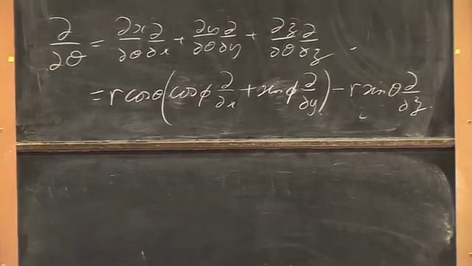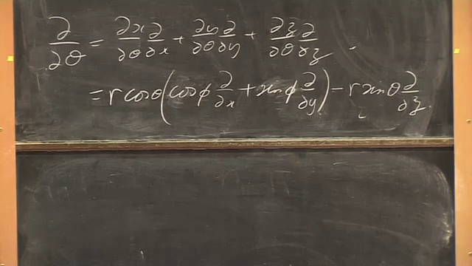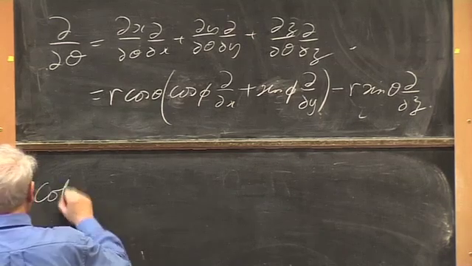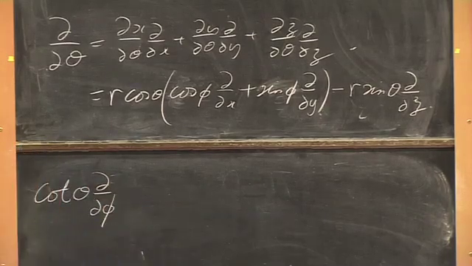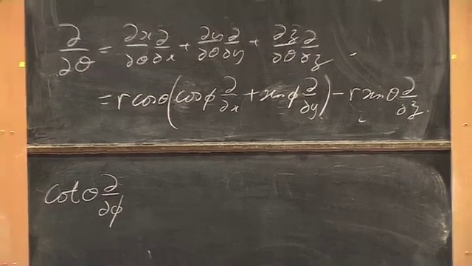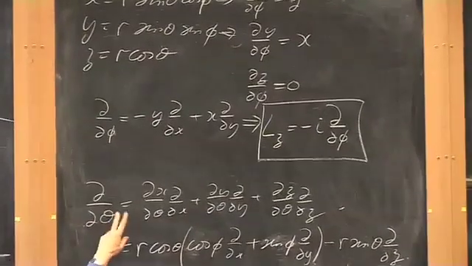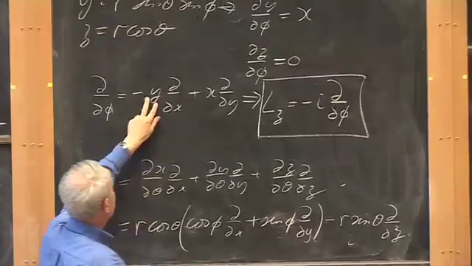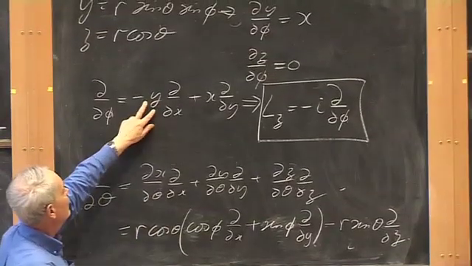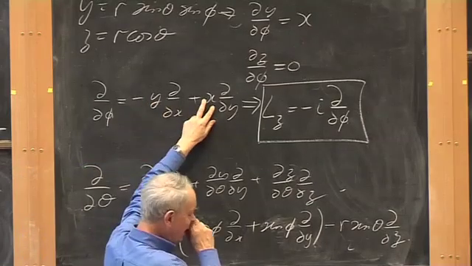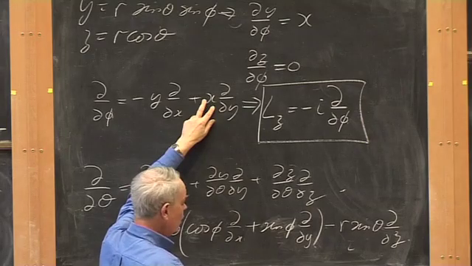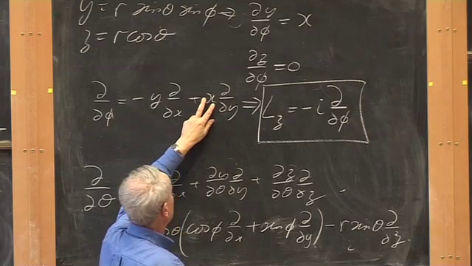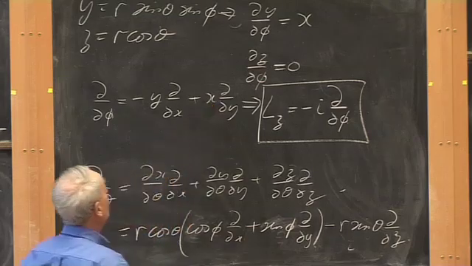Now let's take our expression for d by d phi and multiply it by cot theta. So we're going to write down cot theta d by d phi, just for the fun of it. In doing it, let's take this one first. It's going to be r sin theta cos phi, and when we multiply by cot, which is cos over sin, the sin is going to go into a cos.